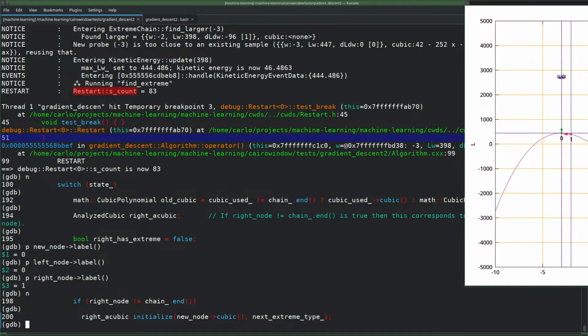So we do a reinitialization of... what the hell is this?